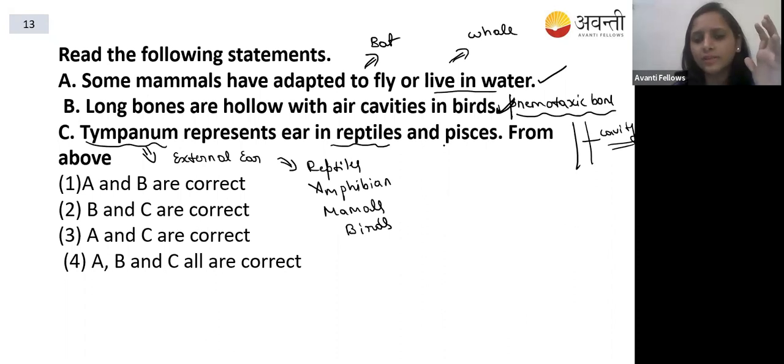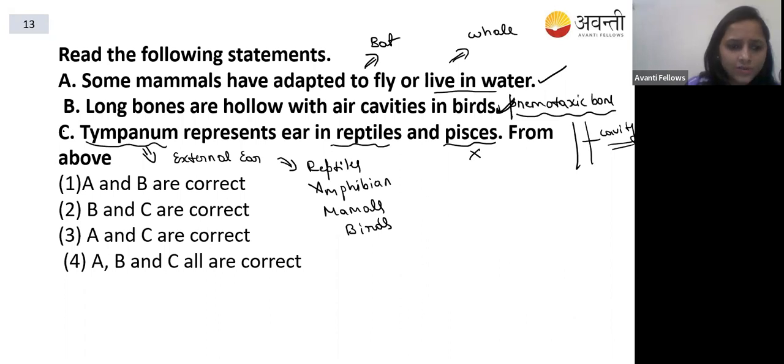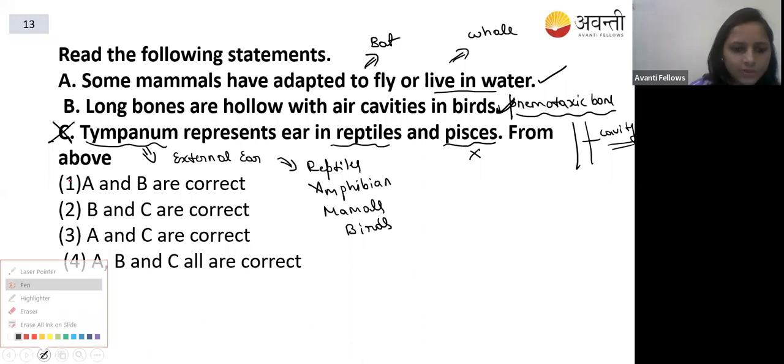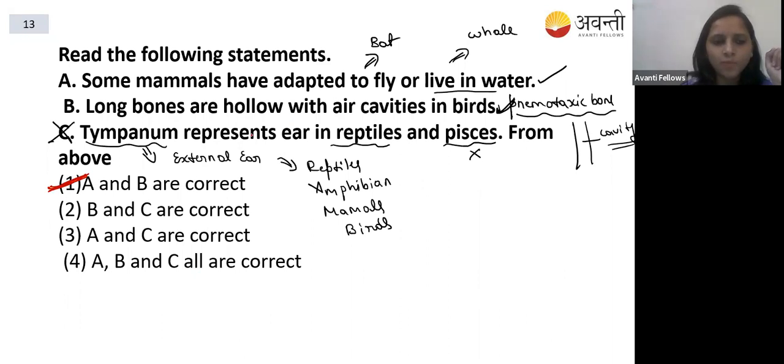But it is not present in the fishes, pisces. So that is the reason option 3 is wrong. Option C is wrong. So where are A and B correct? In option 1, they are giving that options A and B are correct. So option A and B are correct here, and the other options are wrong.